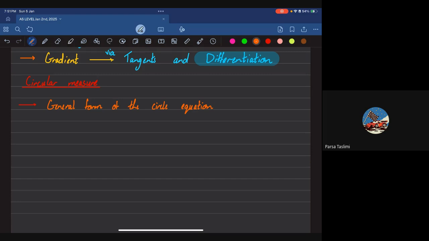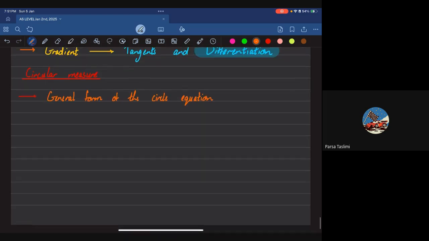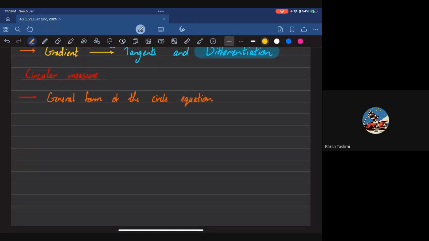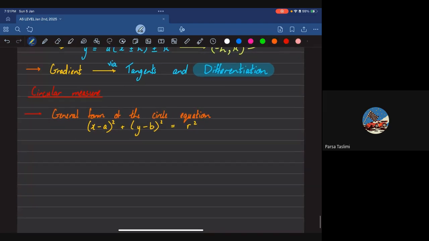Yes, Parsha. x minus a squared plus y minus b squared equals r squared. Perfect. And a, b is basically the center of the circle. Well done, you're absolutely right.